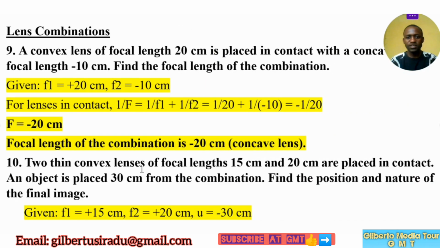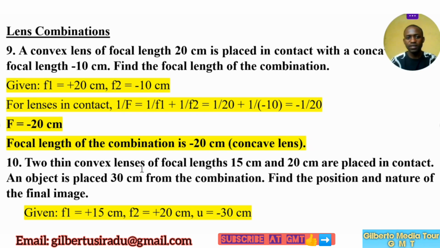Let's jump to the ninth question, which is about lens combination. A convex lens of focal length 20 cm is placed in contact with a concave lens of focal length negative 10 cm. Find the focal length of the combination.